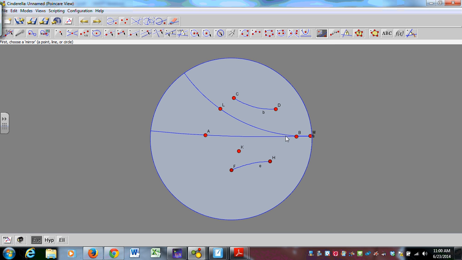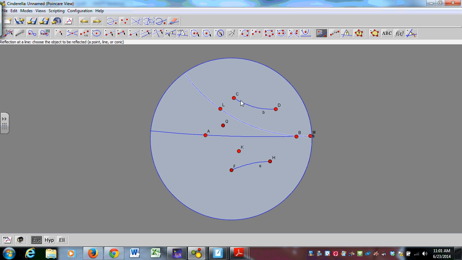But now we have a situation we've not had in the Euclidean plane. AB and LM are asymptotically parallel. So if this is the second parallel, F gets reflected somewhere over here, but that's not going to work out nicely for us, is it?